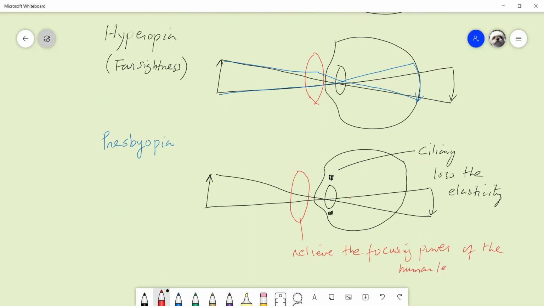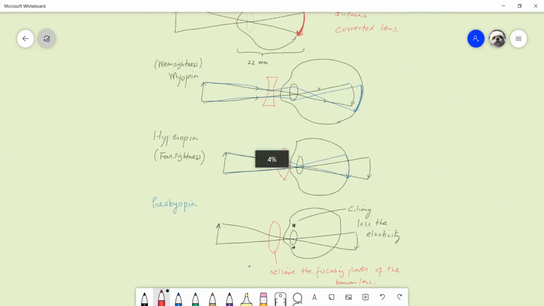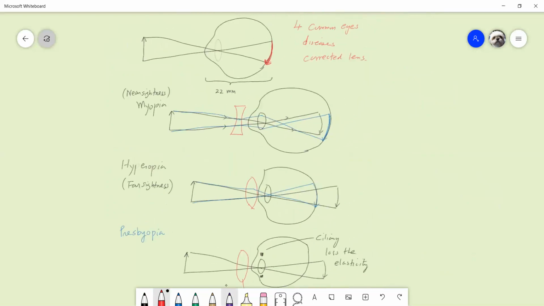So in principle, hyperopia and presbyopia use the same type of lens to correct the problem. Now, by the way, all these problems we call refractive problems. It's the general name, refractive problems of your eyes.